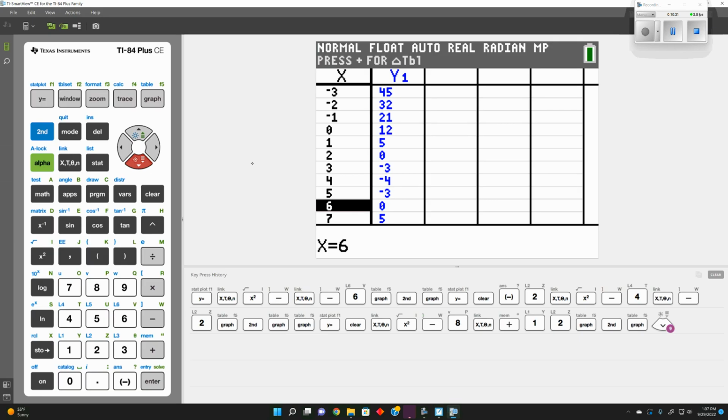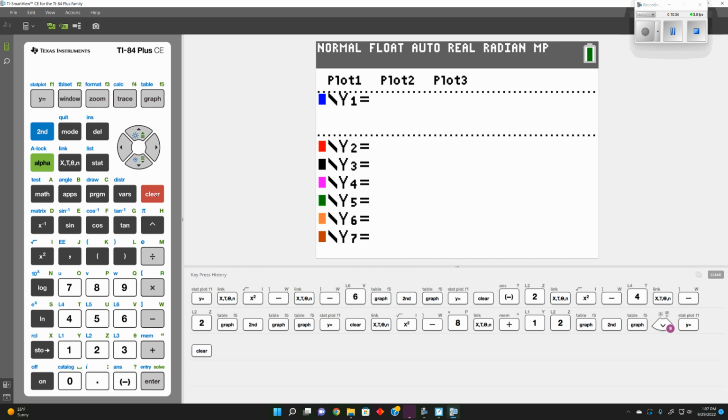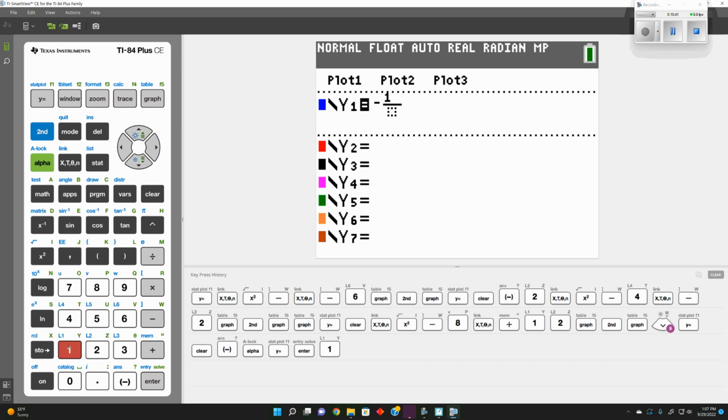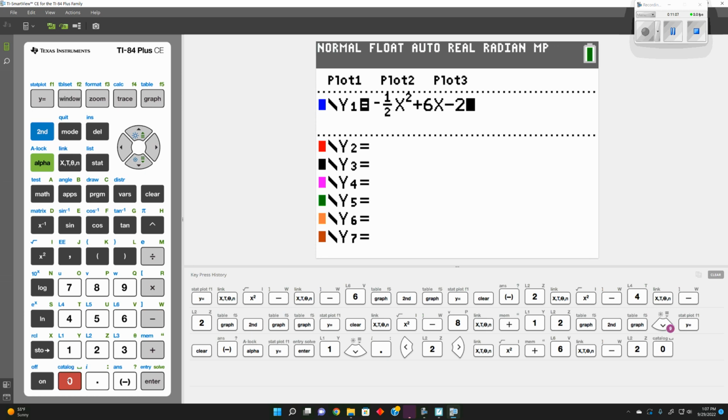So in the calculator, we can hit y equals and clear this out. We can say negative, and for a fraction, we can do alpha y equals, enter, 1 over 2, and then x squared, plus 6x minus 20, yes?